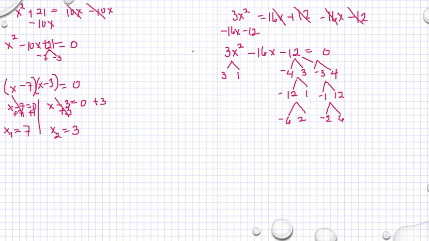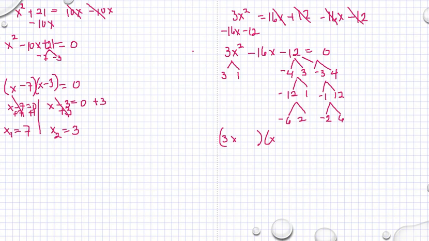So if I am going to multiply 3 times 4, that's 12. That's too little. Okay, 3 times 12 is 36. That's too much. Then 3 times negative 6 is alright. That's negative 18. So I think that is what we get.